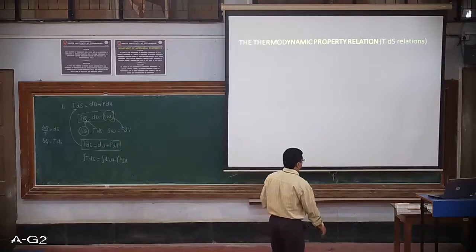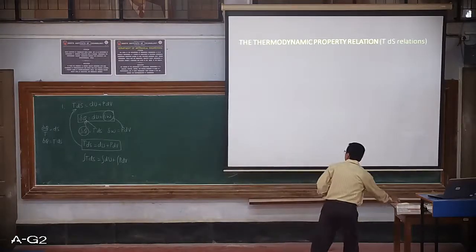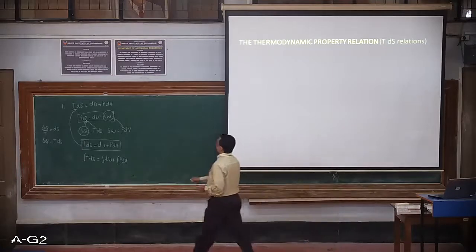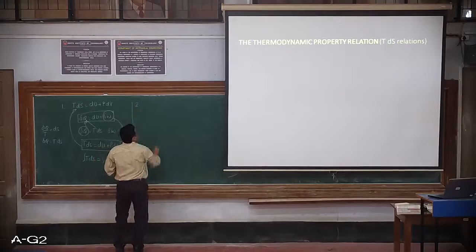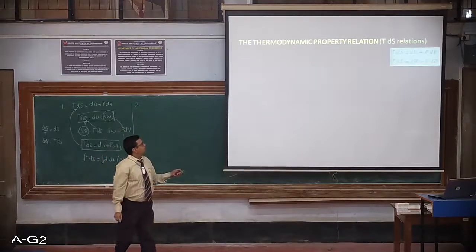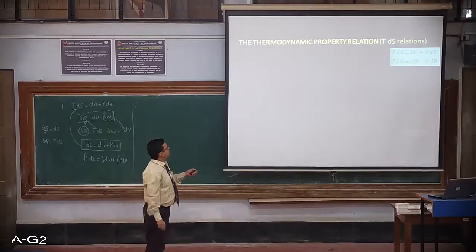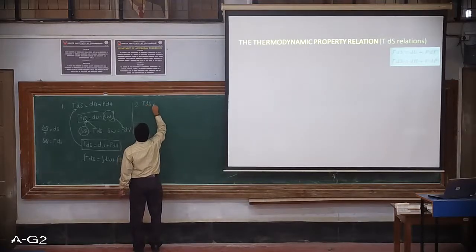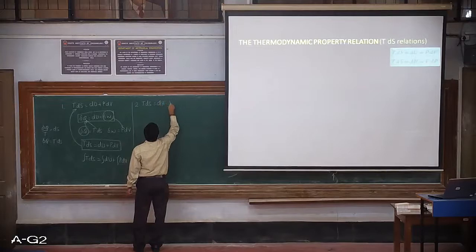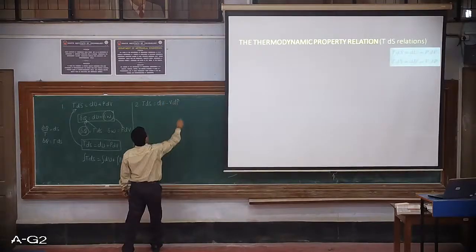Now the second equation of the TdS relations is TdS equal to dH minus VdP.